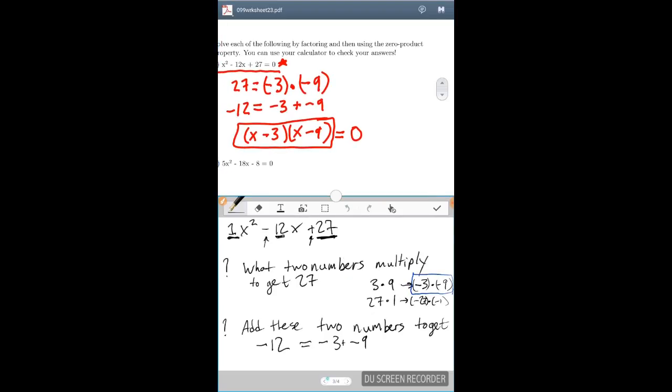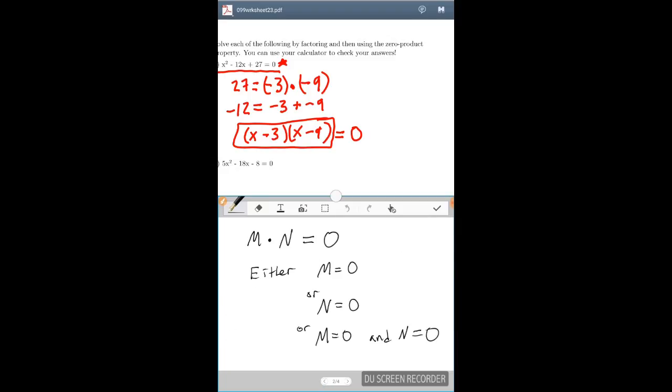Going back to our previous notes, the zero product property said that if I multiply two things, numbers, expressions, functions, whatever I'm talking about here, and set it equal to 0, then either the first piece is 0, or the second piece is 0, or both of them are 0.